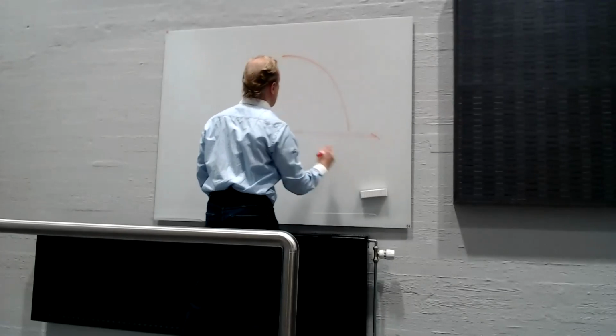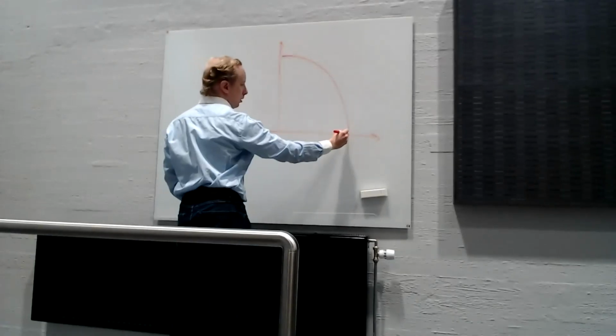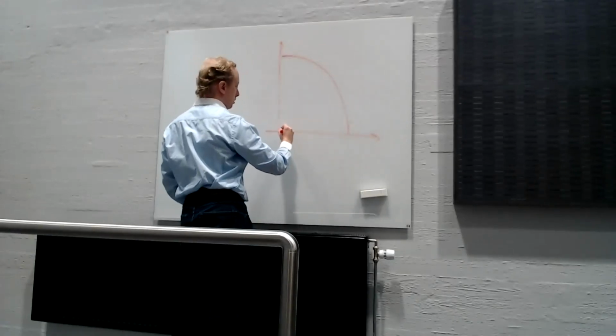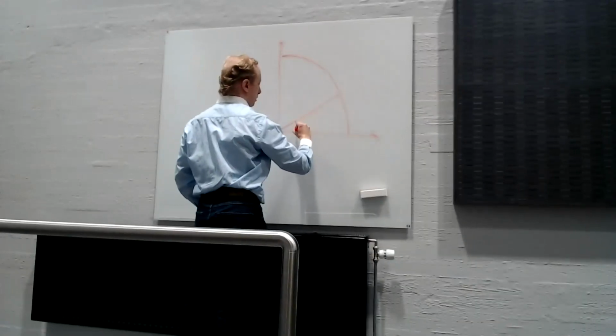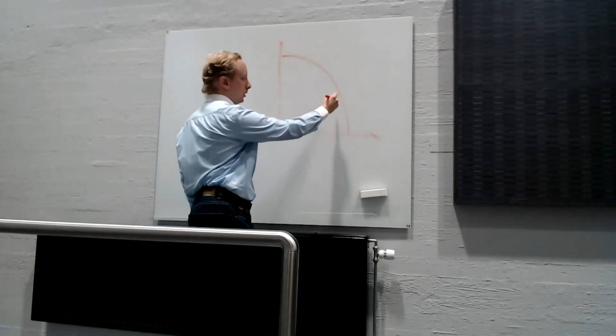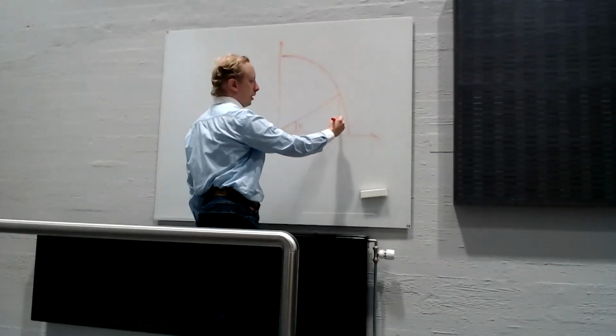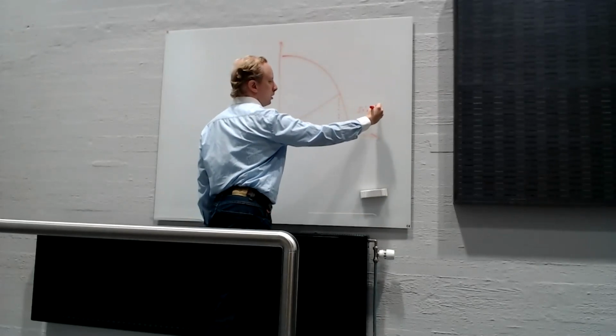This is now not x, this is whatever axis we have. And we had the angle x here, and the height of this triangle, by definition, is sine x.